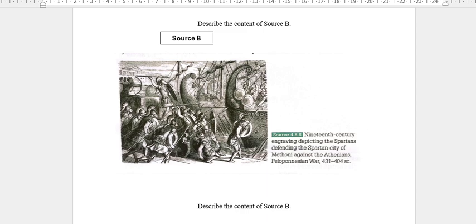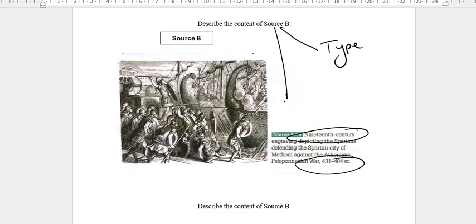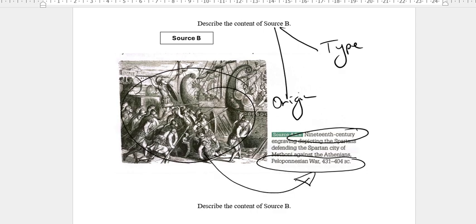This is very important. There's two dates here, 19th century and 431 to 404 BC. So when we think about type and origin, it's very important. This is the focus. So this is what this depiction here is of this battle.